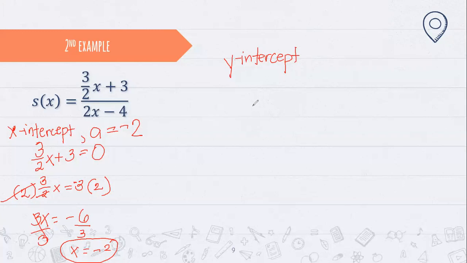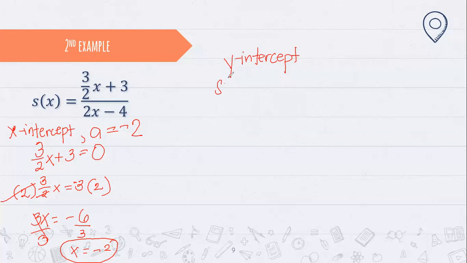Yung 0 isa-substitute natin sa X. Tama naman, baliktad lang yung pagkakasabi mo. Sorry lang, sir. Okay lang. Yung 0 yung isa-substitute natin sa X.